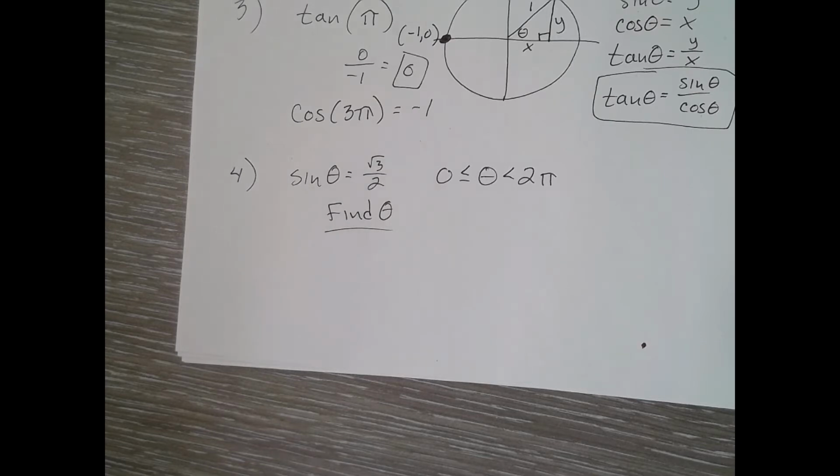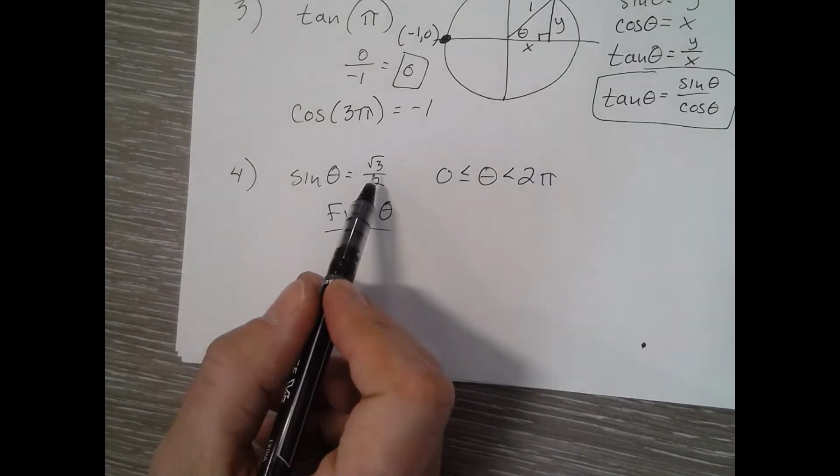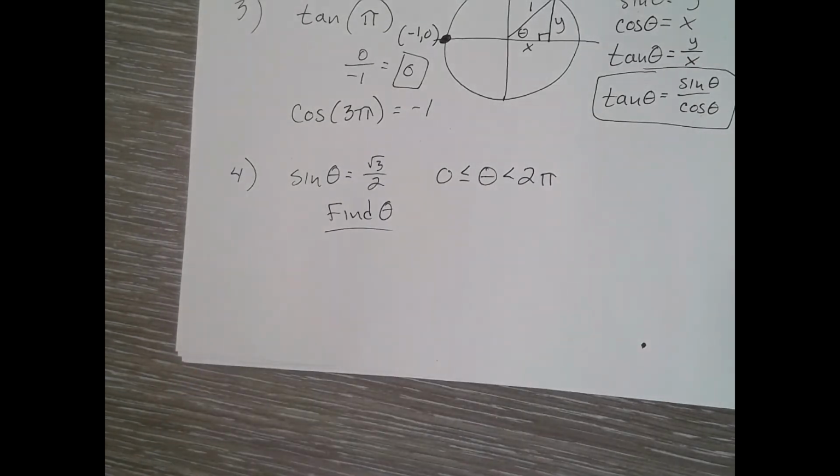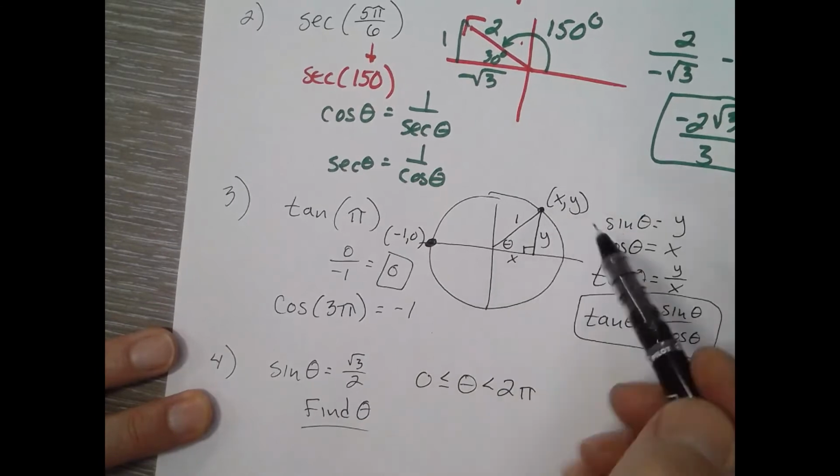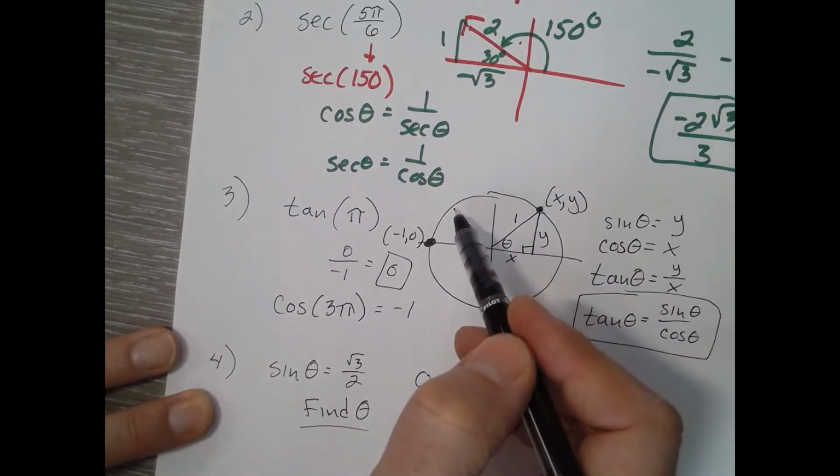We start by figuring out what quadrants we are in. Sine is a positive number. What quadrants are we in? Where is sine positive? 1 and 2. Good. It's 1 and 2. Sine is the y value. If I'm looking at the unit circle, y is positive up here, it's positive here, it's negative, negative.